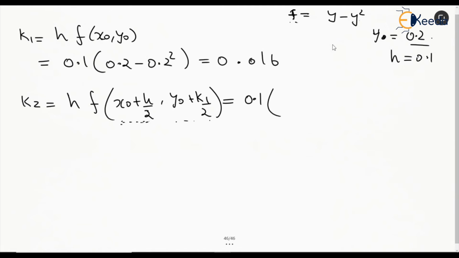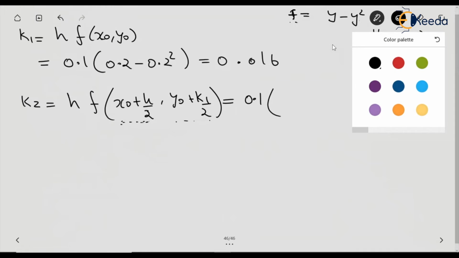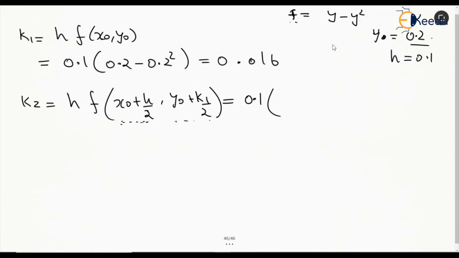Let's see what is this value. This value is going to be 0.2 plus k1. So let's write it here. 0.2 plus 0.016 by 2, and this is going to be 0.208.